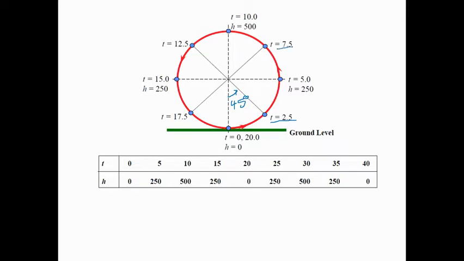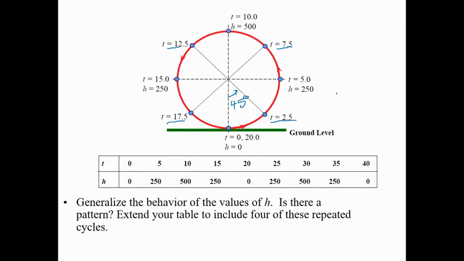And so you can figure out half the time between 0 and 5 is 2.5. And so you can figure out your half times as you go around. Technically, you could figure out your height, but that's a little above this. So again, we're looking at periodic motion as we go around, okay?